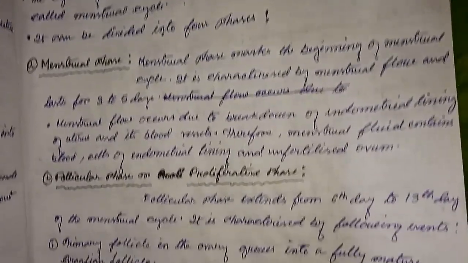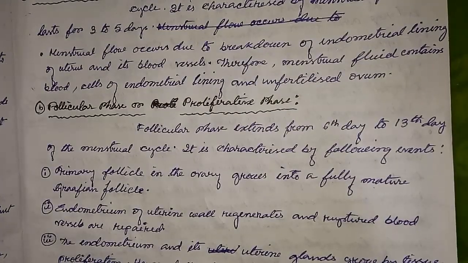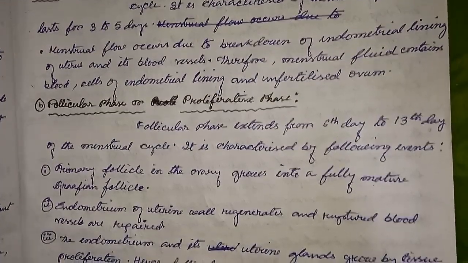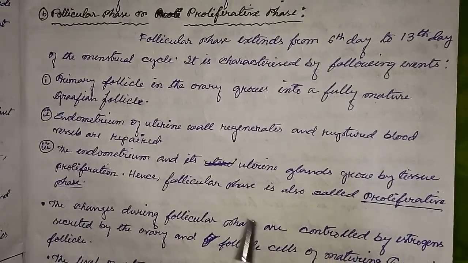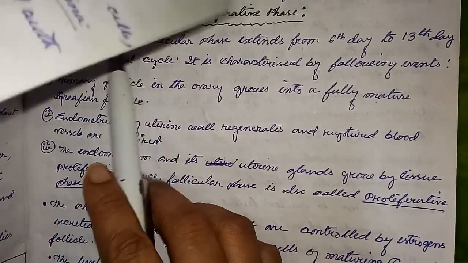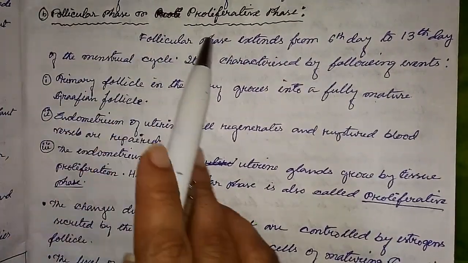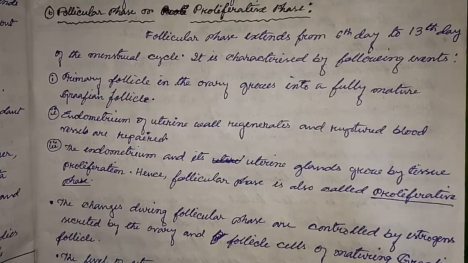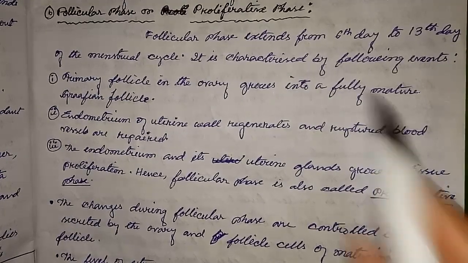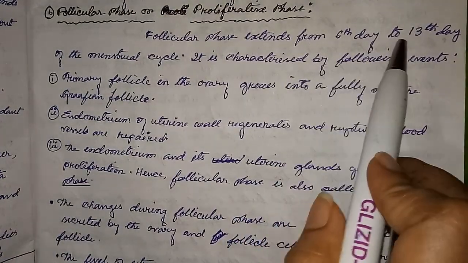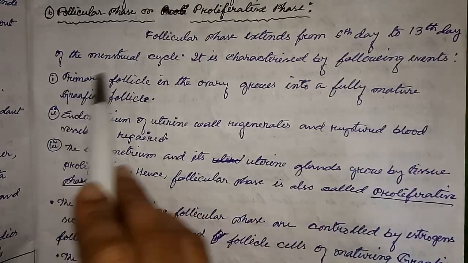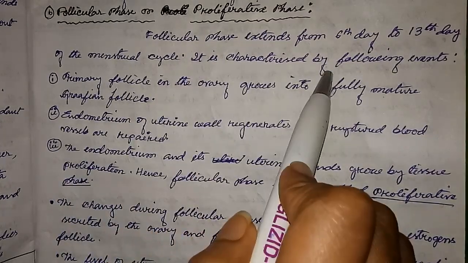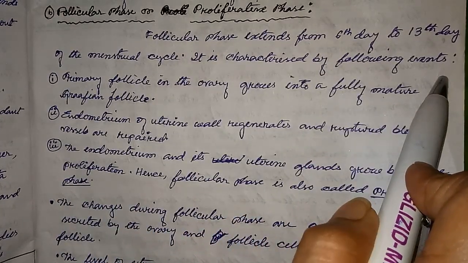Now next, the second phase is follicular phase or proliferative phase. Follicular phase extends from the 6th day to the 13th day of the menstrual cycle. It is characterized by the following events.